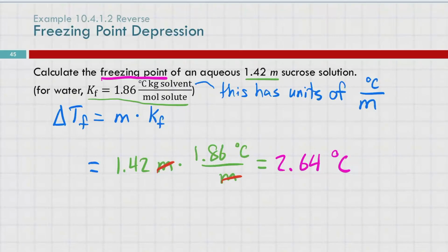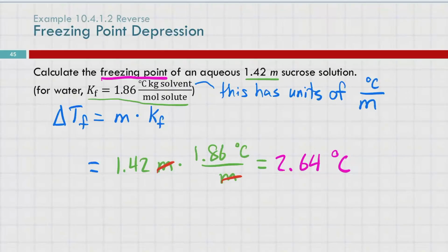Think about what the freezing point of water is. Think about the title of the slide. What might be missing? Water normally freezes at 0 degrees Celsius. The title of the slide: freezing point depression. What does depression mean? Yeah, being sad.